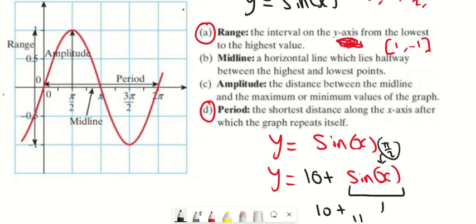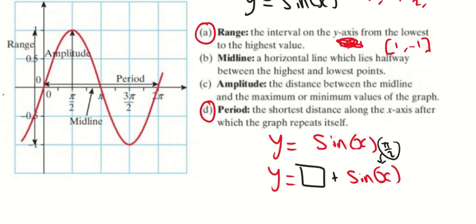So our y value would go all the way up to 11. It's like it pushes the graph up. So if we put a number in there plus our function, it'll move the whole graph up the y-axis. And if I put a negative number in there, it'll move it down below the x-axis.